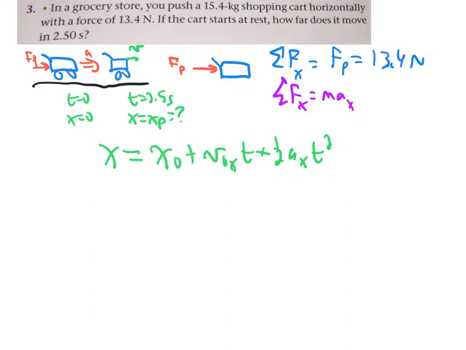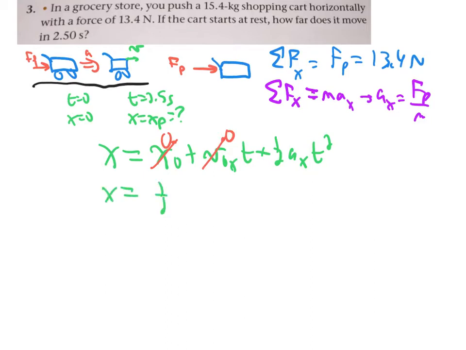So let's fix this. The sum of the forces is m times the acceleration in that direction, meaning the acceleration is the pushing force over the mass. And so we end up here, since we know that that's 0 and that's 0, we end up with that at any time.